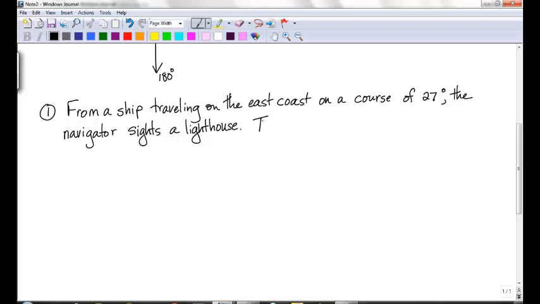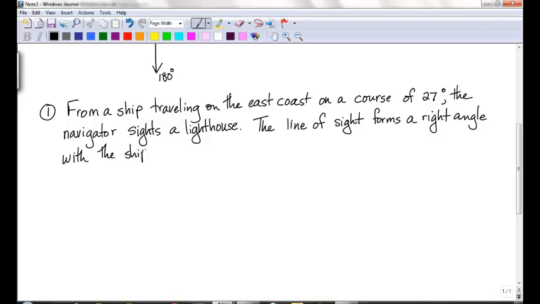The line of sight forms a right angle, and you will figure out that these problems have to be rigged. They are all rigged to give you a right angle. The line of sight forms a right angle with the ship's line of travel.